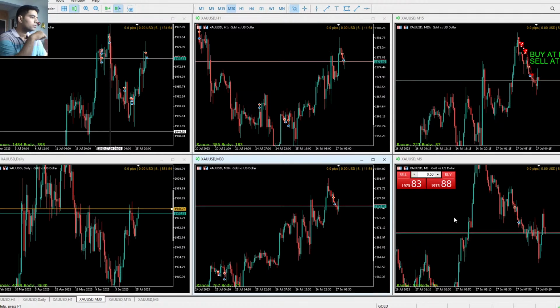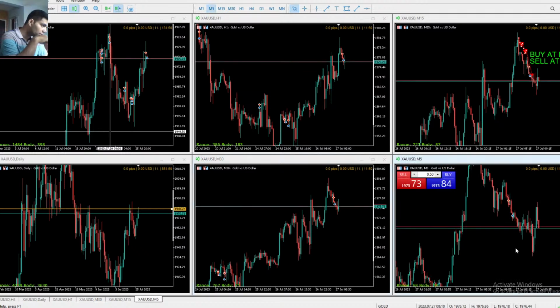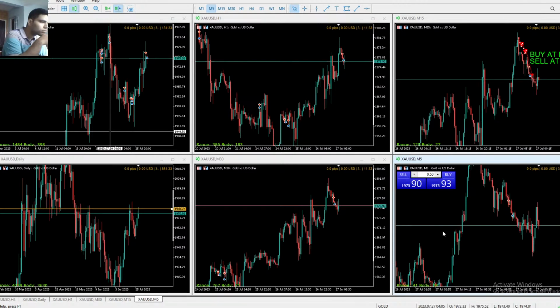The price is just changing. You can take a sell if... no, we cannot. In our strategy the price can move down here, but still we need to confirm it.